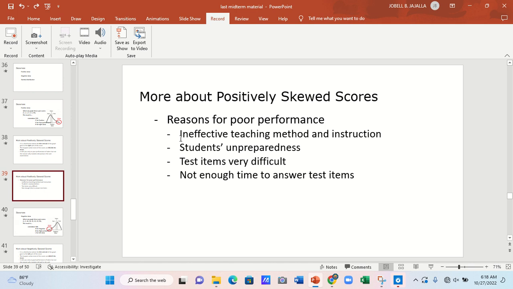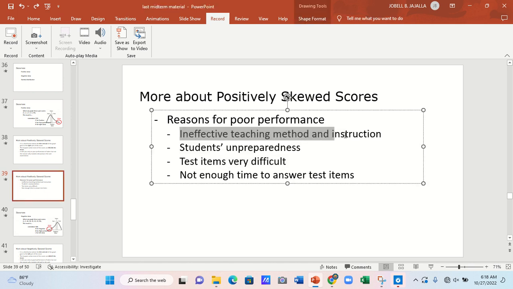First one, we have here ineffective teaching method and instruction. So it could be kung daghan ang nangabagsak sa particular test, one factor is teacher factor. Pasabutan na dili ka how mo tudlo possibly, or mali ang teaching methods and way of instruction na imuhang napili. Mali ang strategies and techniques na imuhang i-apply to teach the particular lesson.